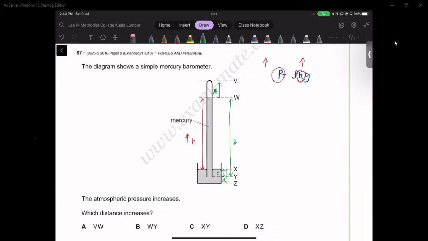Looks like D, right? Because if I want this part to be longer, what will inevitably happen is that this part extra also will be longer. So B. Okay.